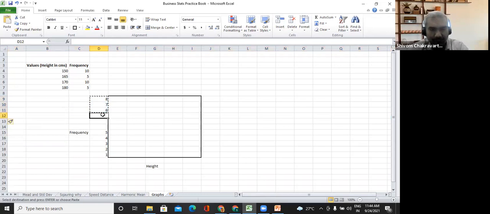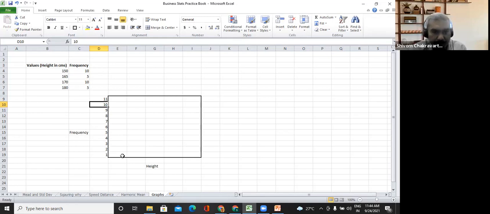Otherwise it will be very congested. So for 150, the frequency is 5.